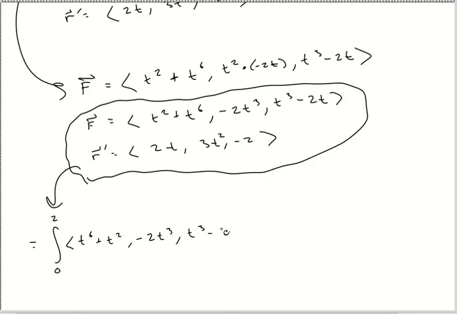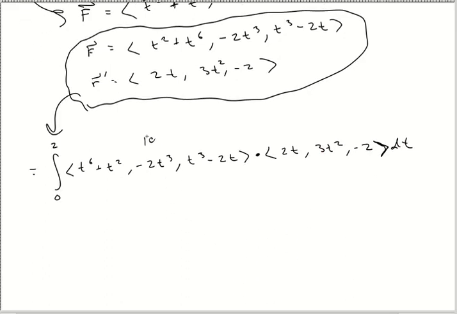But I'm going to do it just for the sake of the recording. That way you are 100% understanding exactly what I'm doing here. So I did F dot dr, essentially. And again, my dot product yields a scalar, not a vector.